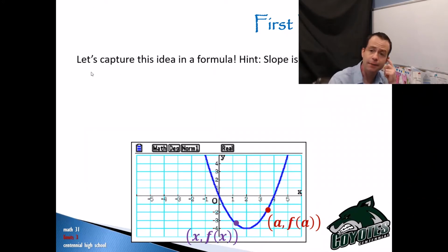So let's capture the idea in the formula. Remember, slope is just rise over run, right? It's y2 minus y1 over x2 minus x1.